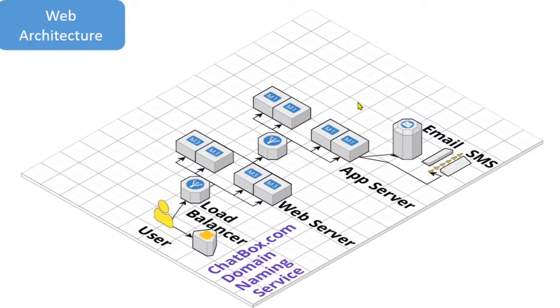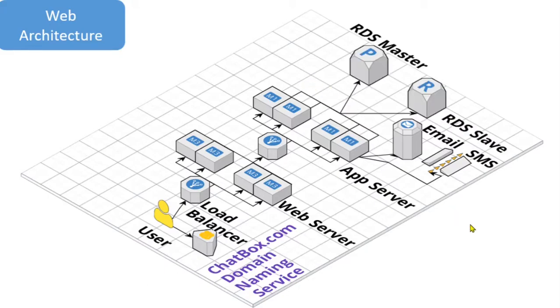Now we will add the most important part, the database, or what we can call the database layer. In the database we will store our user information and our business-related data.